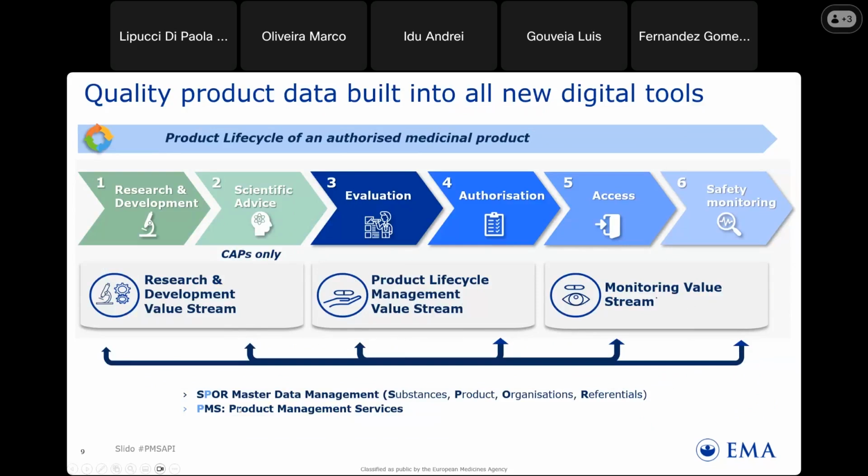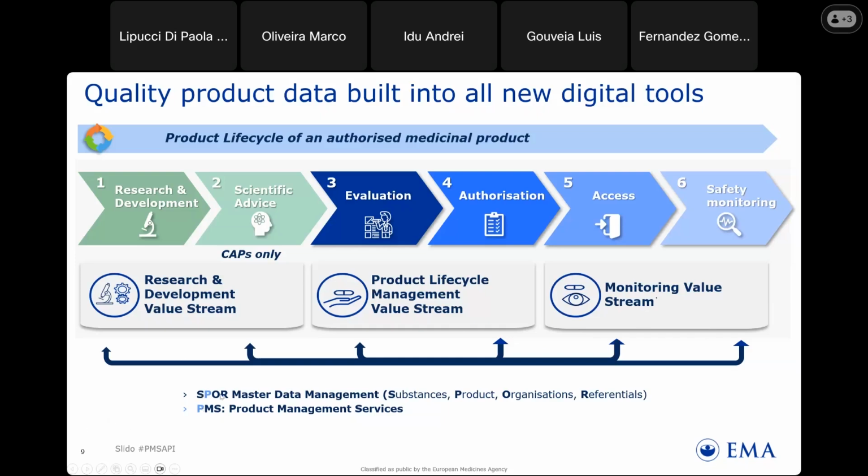Each of them have a specific scope and is placed in a specific phase of the life cycle of the product. SPOR, and in particular PMS, is supposed to provide support to any of these phases. And you will see in the future, and maybe you already see this, that PMS is already supporting, for instance, the monitoring value stream for the ESMP shortage reporting.